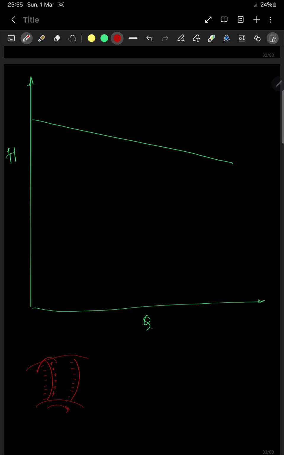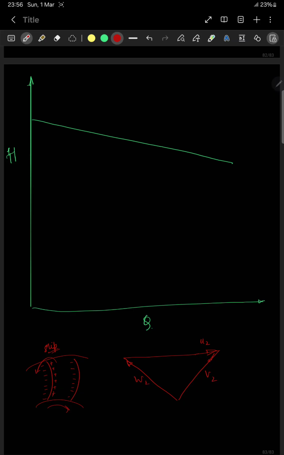So flow happens like this. This is the slip phenomenon that happens. So this is V2 and W2.